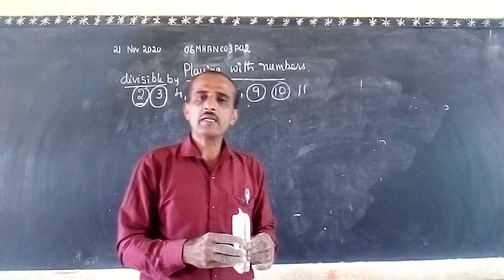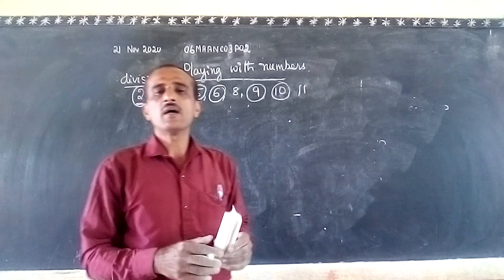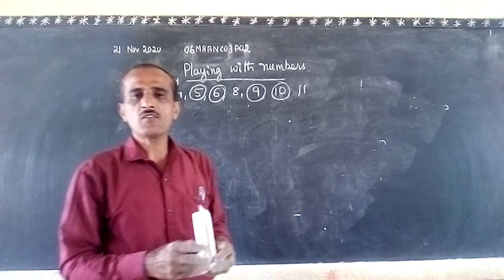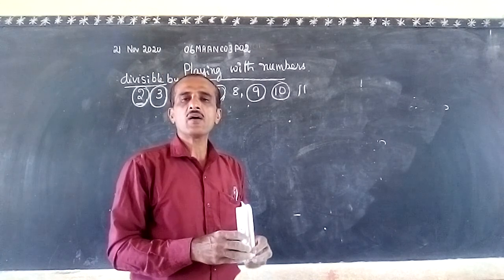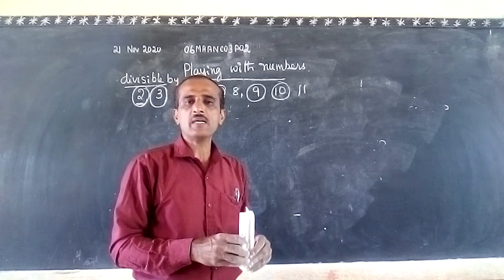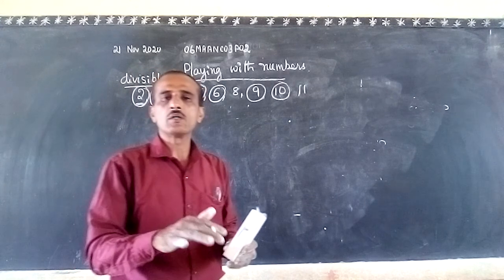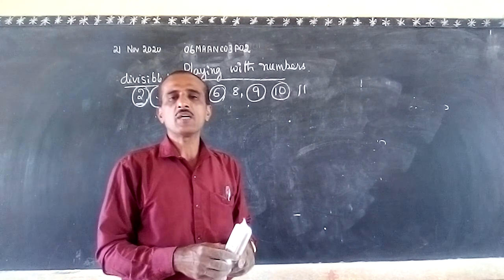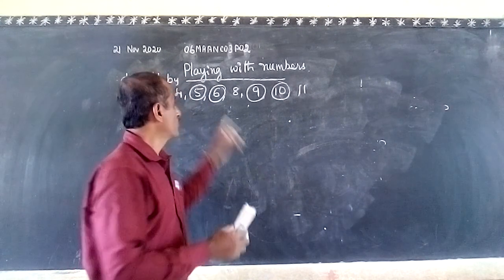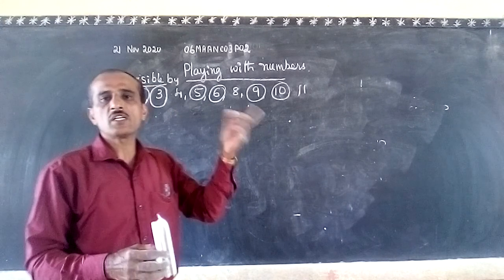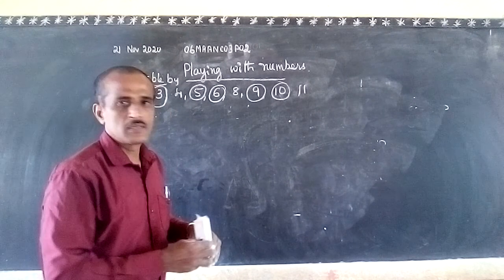Whether it is divisible by 3, you have to find the sum of the digits. If the sum of the digits is divisible by 3, such a number is divisible by 3. So you have to check whether it is divisible by both 2 and 3, then such a number is divisible by 6.